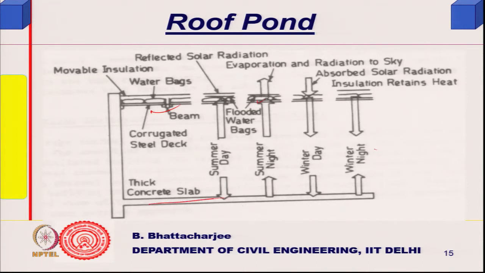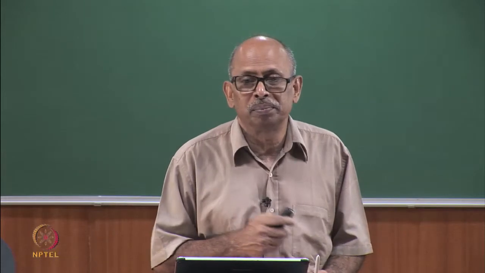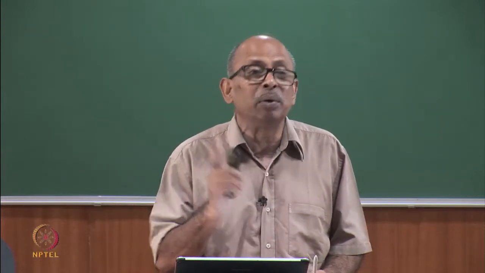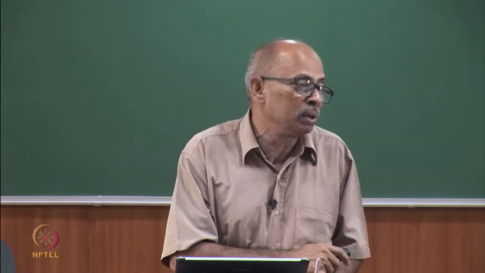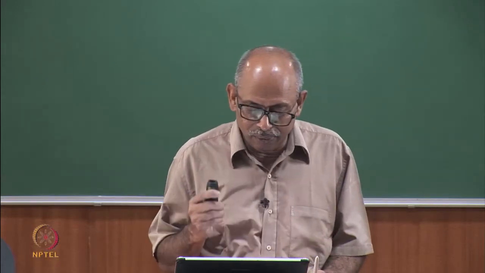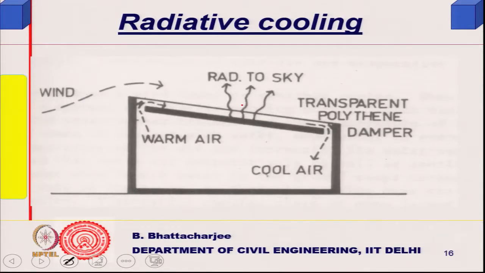This is the concrete structural slab, summer daytime. This same thing is shown in a different manner with all the mechanisms that are possible. Now remember, all of this will involve additional cost, and it has to be justified, including the life cycle cost and the maintenance cost. So this is what it is.